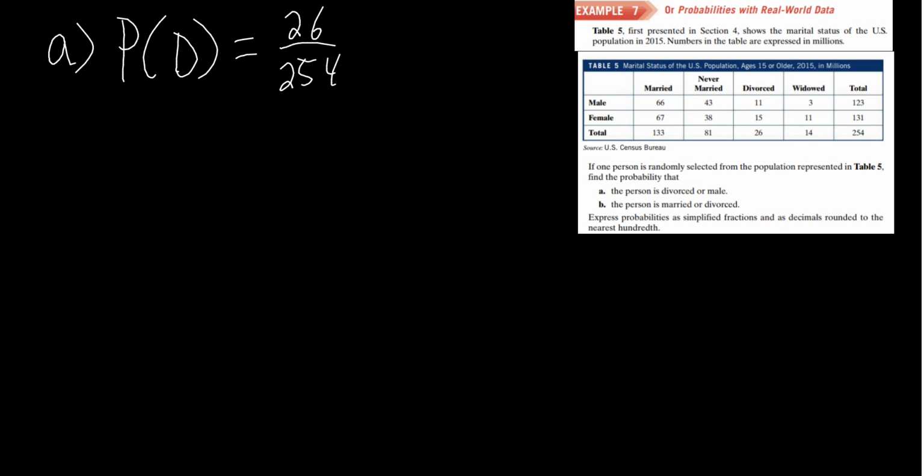And the other probability being the probability that they are male is 123. So 123 over 254.